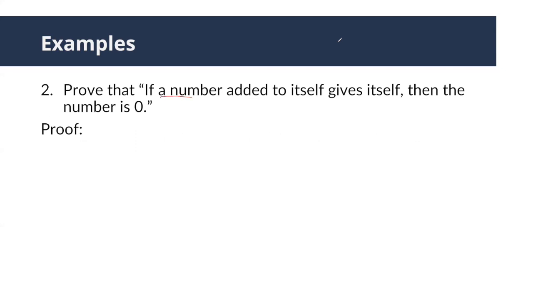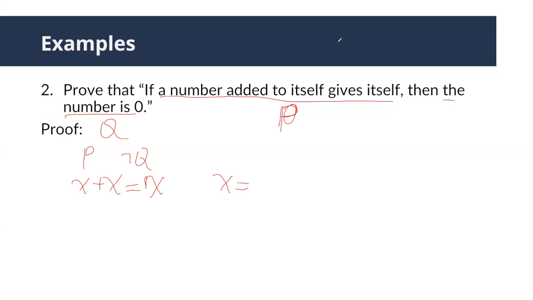First, identify this is P and this is Q. For proof by contradiction, we assume P and not Q are both true. P is this one, but we want to represent P using a mathematical statement. It means x plus x equals x. What about not Q? Not Q is x is not equal to 0.